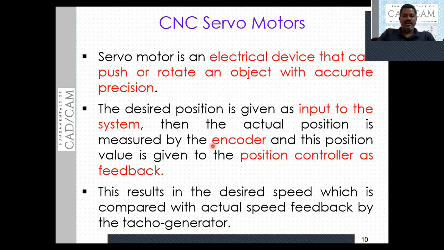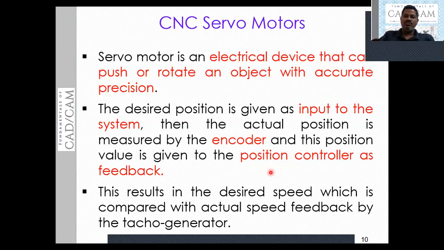If it finds any error, it will send an error signal to the control unit, and to the machine control unit, to adjust the movement of the table as well as the tool without any error. This is the basic principle of the servo motor.